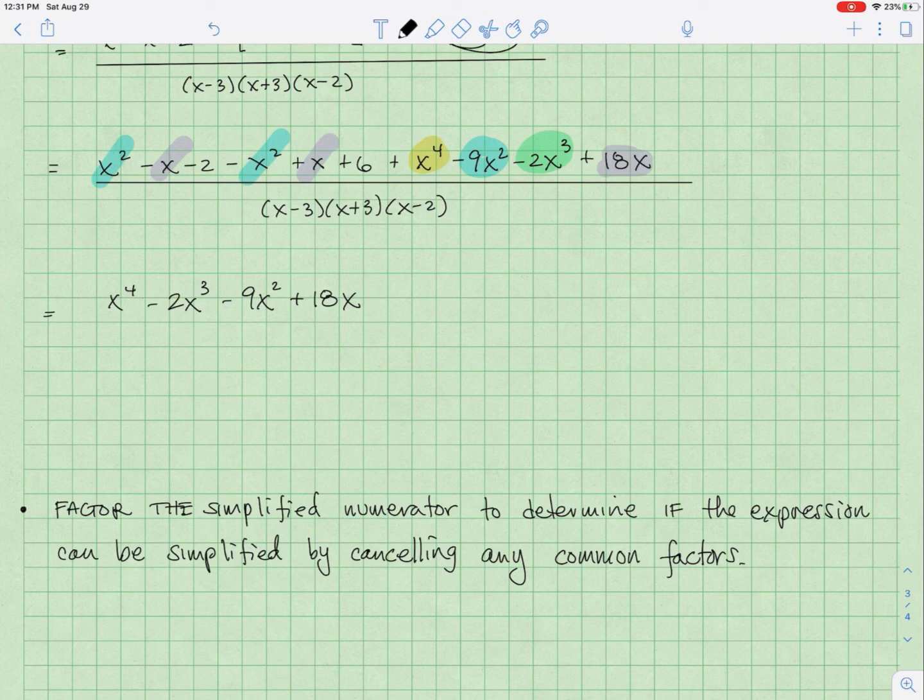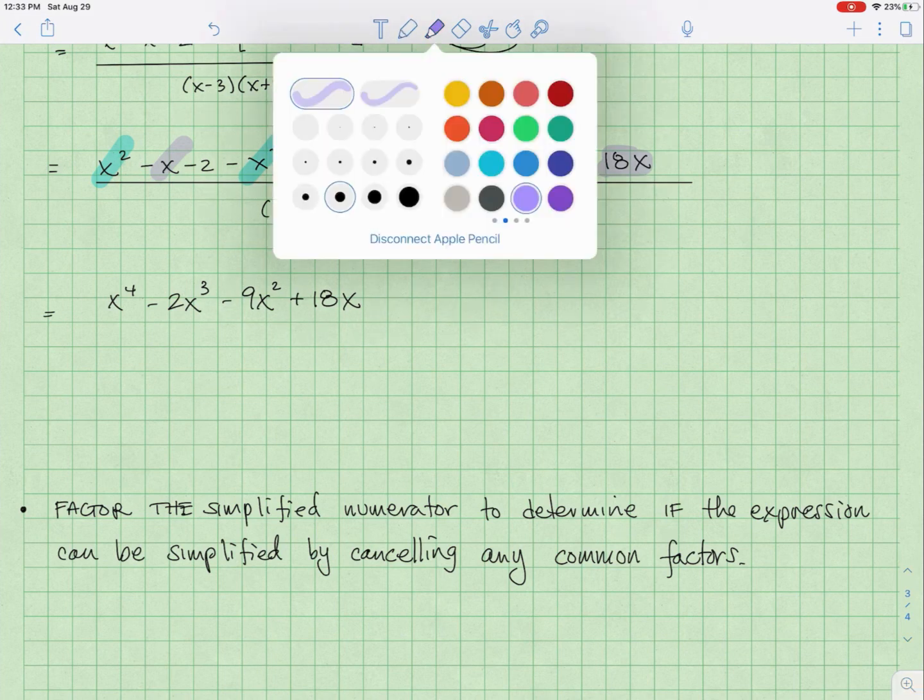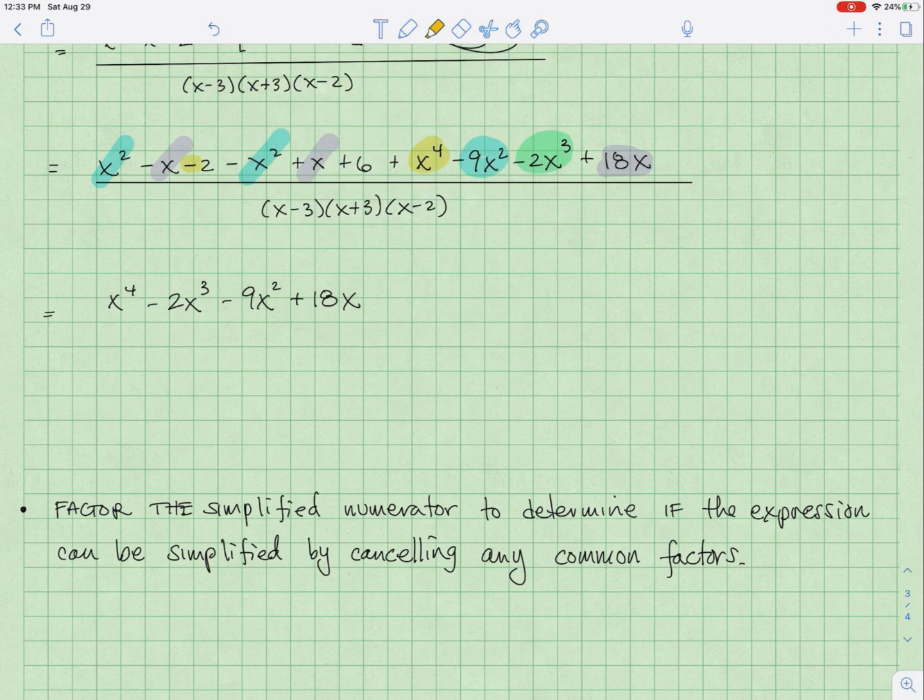For our constant terms, we have a negative 2. Oops, I already used that color. Sorry. We have a negative 2 and a positive 6, making this positive 4. All over x minus 3, x plus 3, x minus 2.